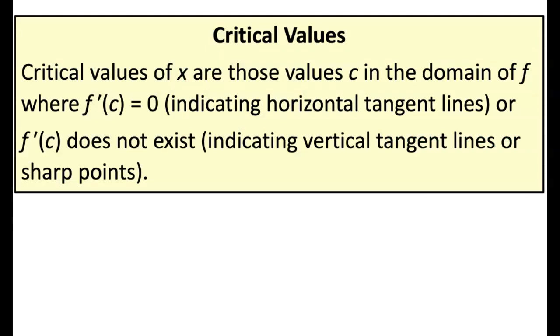Okay, so summing up what we just did in the last 2 examples, critical values are what we call those x values where f prime of x equals 0, which indicates horizontal tangent lines, or where f prime of x doesn't exist, like in that last example, indicating vertical tangent lines or sharp points, or in our case on the last one we had a vertical asymptote.